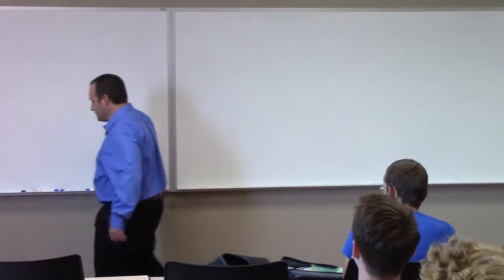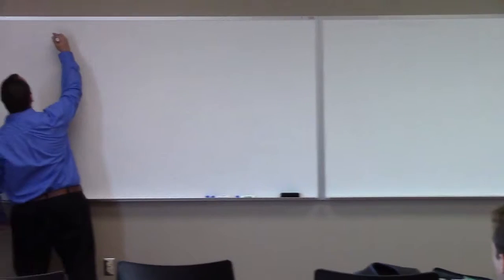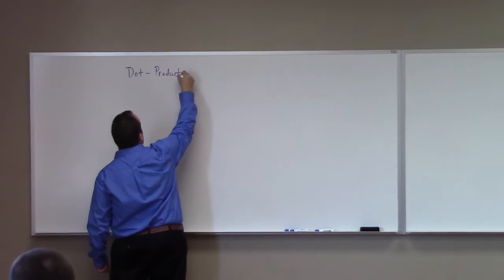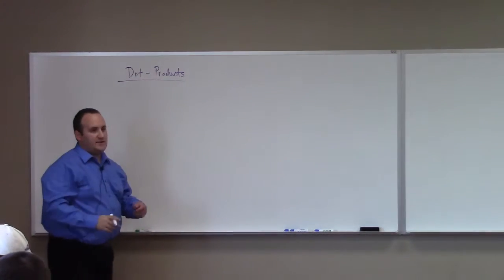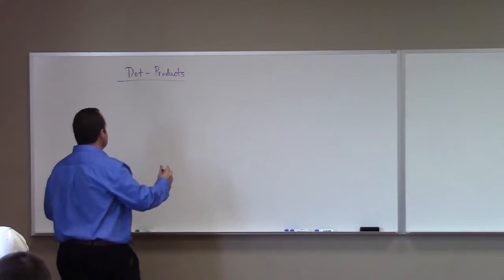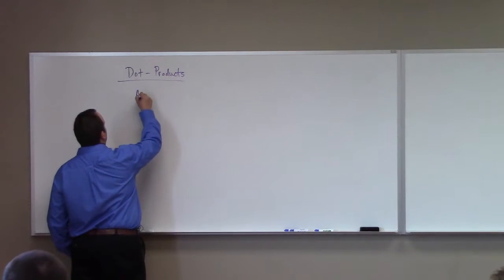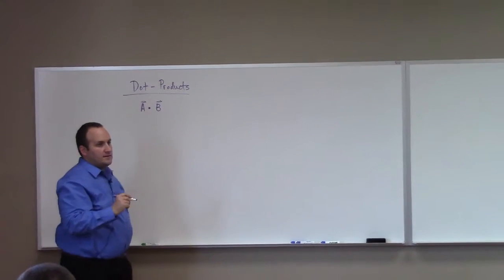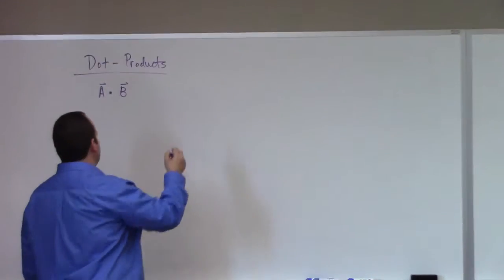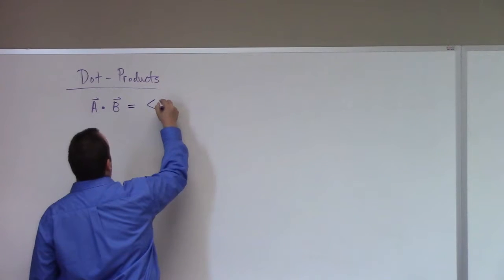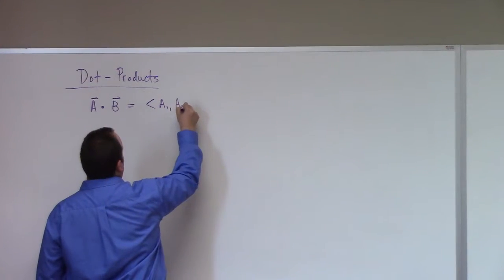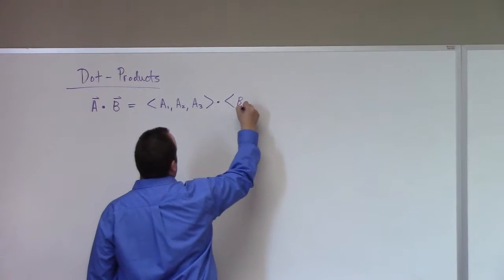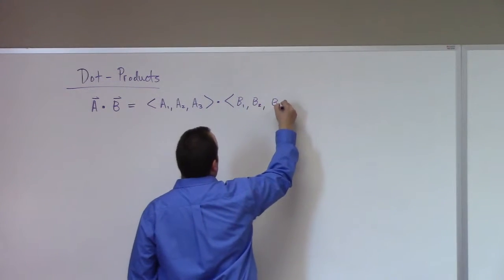Okay, so dot products. What is a dot product? You have two vectors, A and B, and you can take their dot product. Let's suppose these are three-dimensional vectors for a second. So I've got A1, A2, A3 dotted with B1, B2, B3.